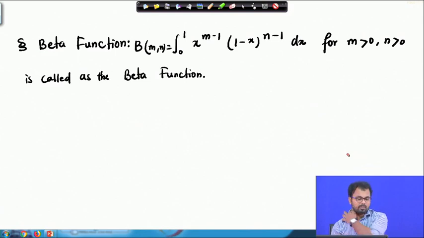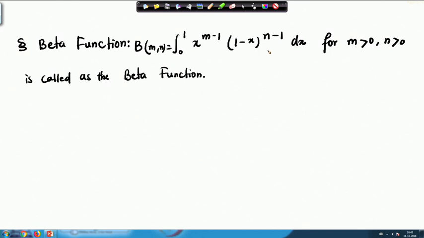And here we can see that this is an improper integral when n is less than 1. So, when n is less than 1, then in that case this one will become 1 minus x to the power something negative, and if we have 1 minus x to the power something negative, then that will come in the denominator, so that it will become 1 minus x to the power something positive, and at x equals to 1 we will have a point of discontinuity.